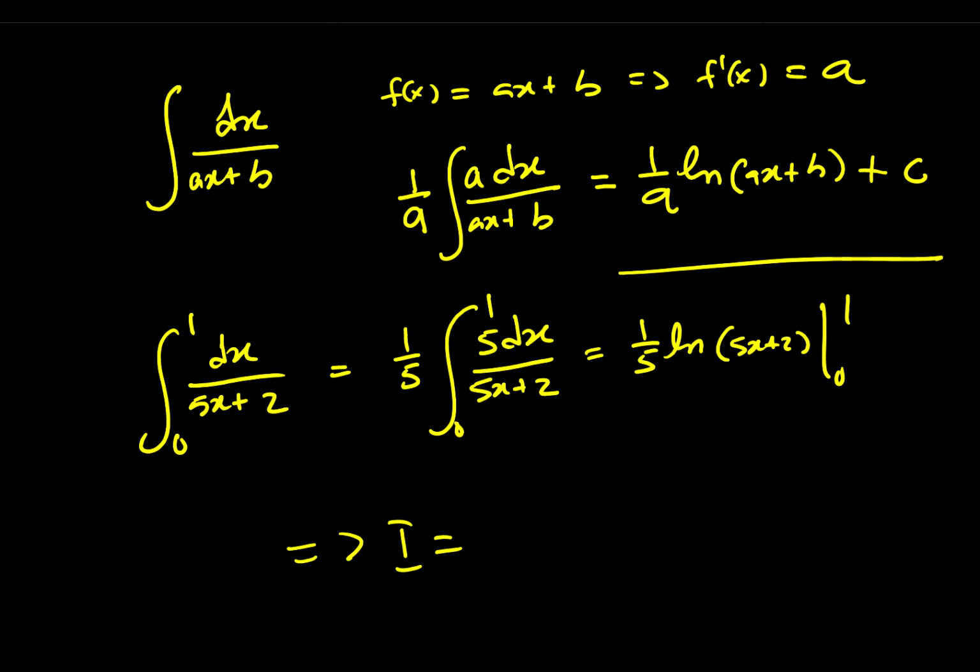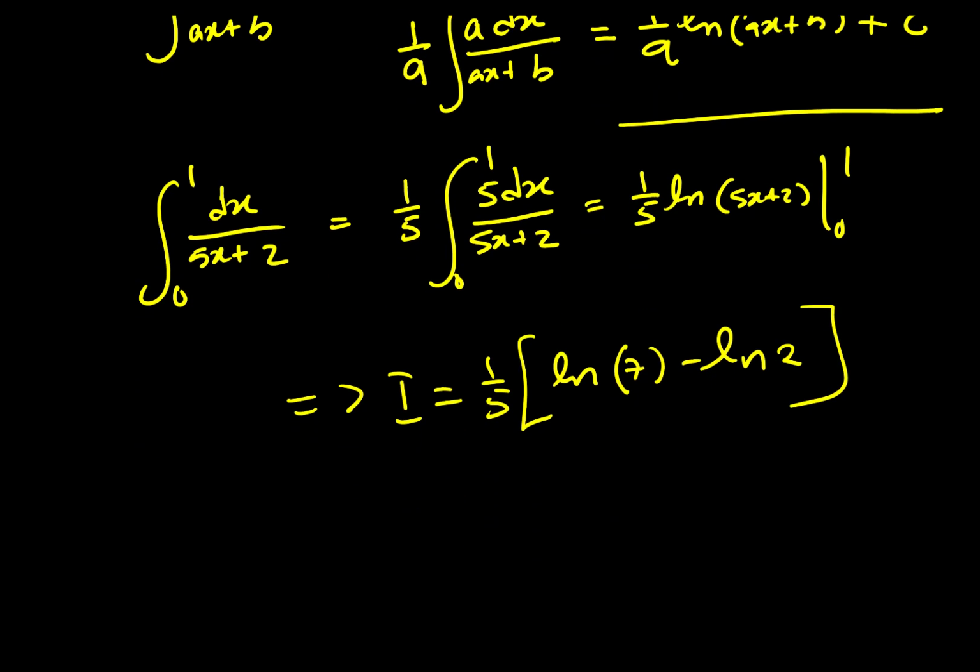Hence, that integral will be equal to 1 over 5 times the natural log of 7 minus the natural log of 2, which is equal to 1 over 5 the natural log of 7 divided by 2. And that will be our answer.